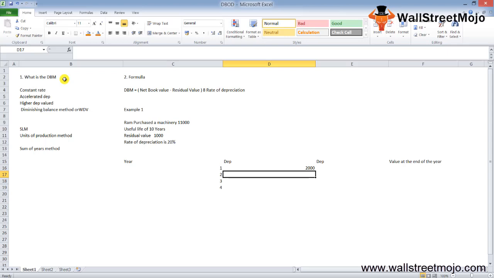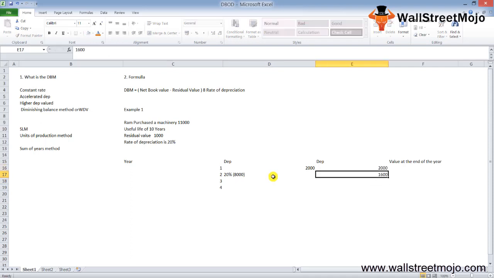In a similar fashion, the next 20% will be on 11,000 minus 1,000 minus this 2,000 depreciation. So now it will be on 8,000. So 20% of 8,000 will be how much? 1,600.